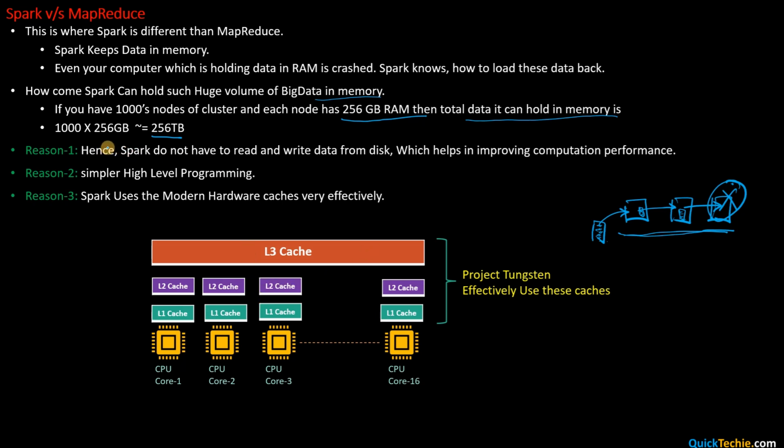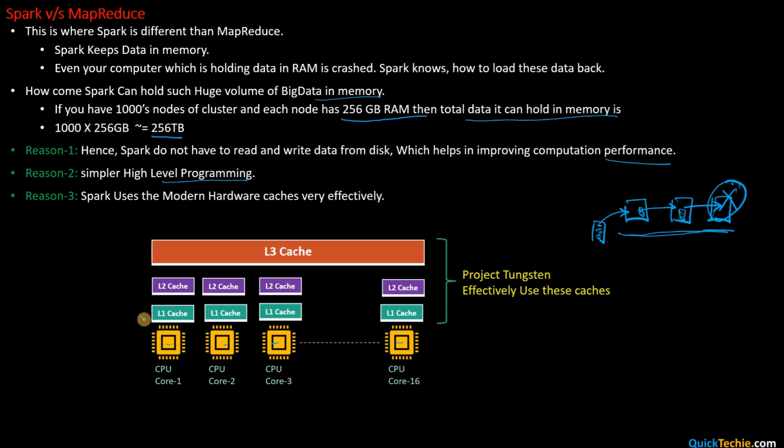So what are the reasons Spark is more successful? Spark does not have to read and write data from disk, which helps improve computation and performance. It supports simple high level programming, so writing code in Spark is much easier than in Hadoop MapReduce. Spark uses modern hardware caches very effectively. For each computer, say you have a 16 core CPU.